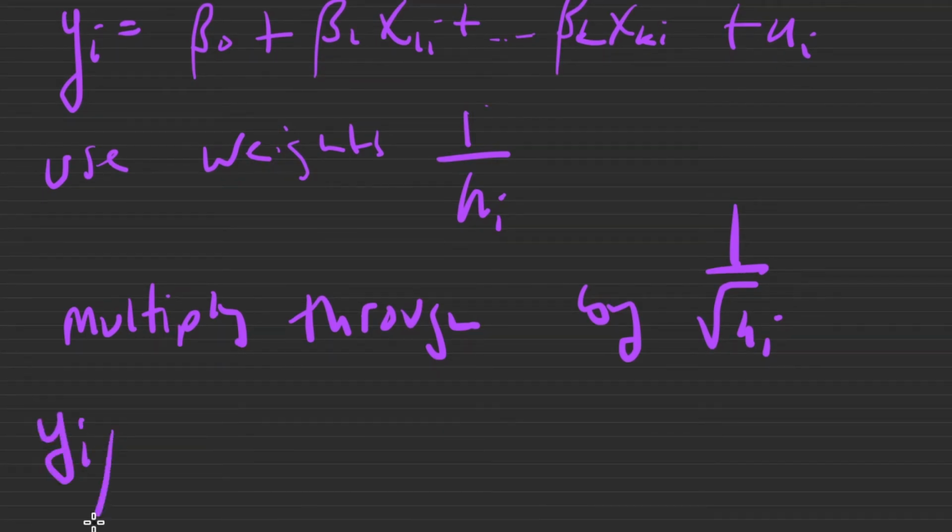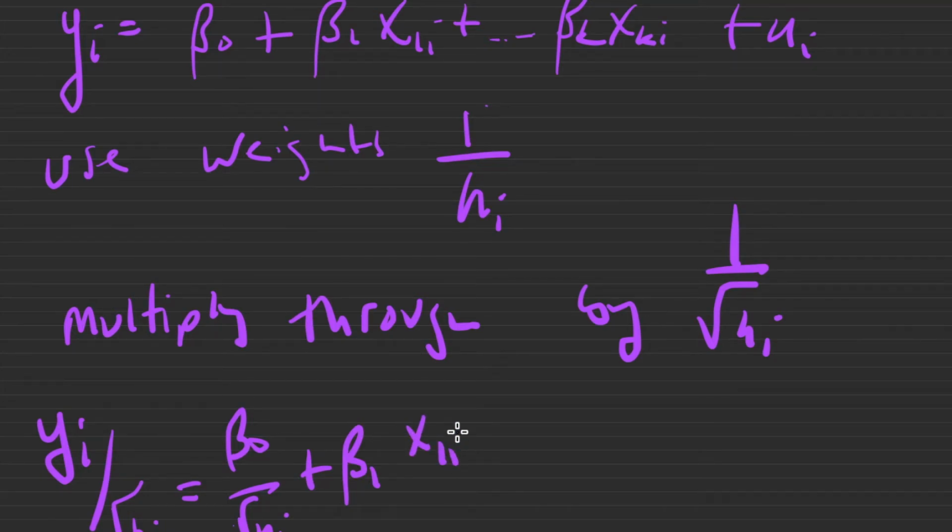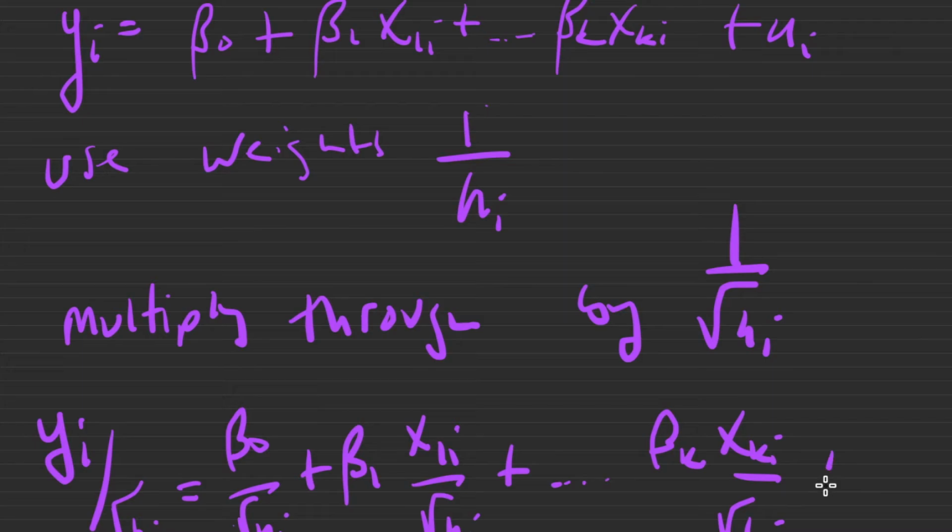So yi over square root of hi is equal to beta naught over square root of hi plus beta 1 times x1i over square root of hi through beta k xki over square root of hi plus ui over square root of hi.